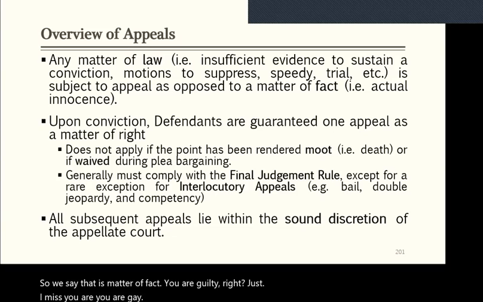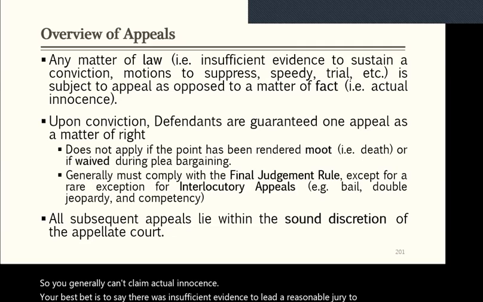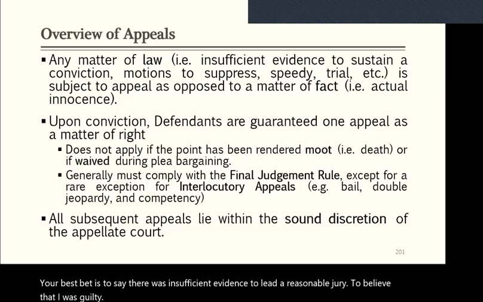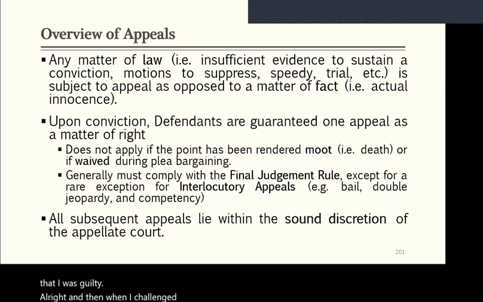So you generally can't claim actual innocence. Instead, your best bet is to say there was insufficient evidence to lead a reasonable jury to believe that I was guilty. All right, and then when I challenged it, the judge made a mistake in not overturning their verdict. Motions to suppress, right?